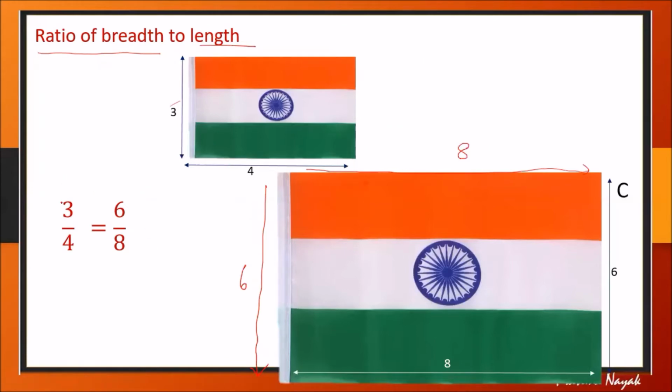So for the first case the ratio was 3/4 breadth to length, and for the second it is 6/8. If you reduce 6/8, it is again 3/4. So this is called proportion. That means when two ratios are equal, we say they are in proportion.